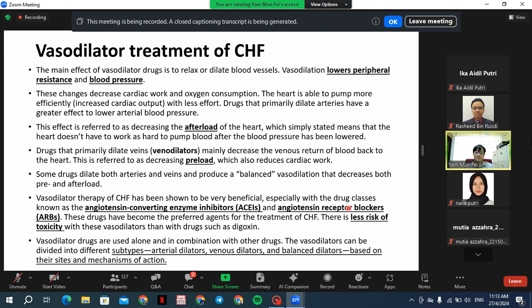These two types of drug cause balancing; they have effects on both afterload and preload. That's why these two drugs are quite good. Another thing is ACE inhibitors and ARBs are less toxic compared to others, with less risk of toxicity especially if you combine with digoxin.